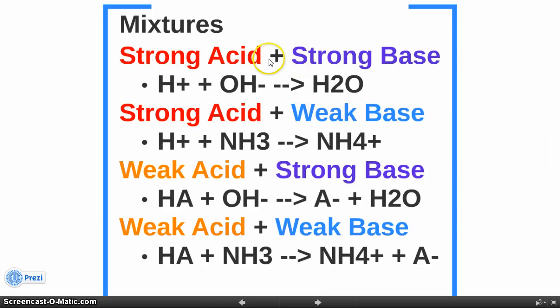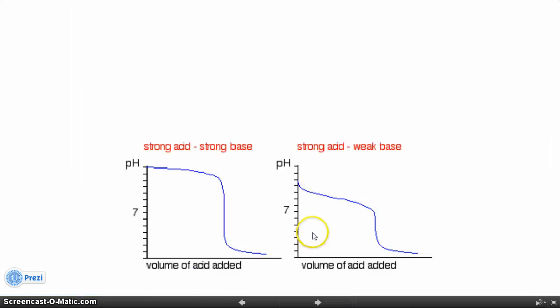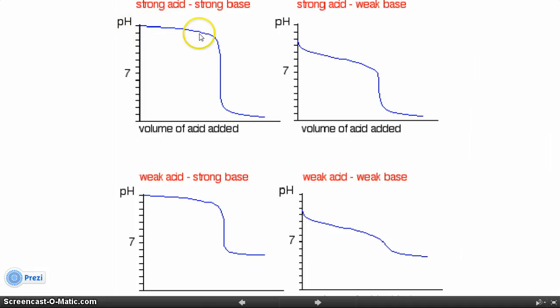Mixtures: strong acid plus strong base, strong acid plus weak base, weak acid plus strong base, weak acid plus weak base. These are titration curves. As you can see, with a strong acid and a strong base, the pH would be close to 7.